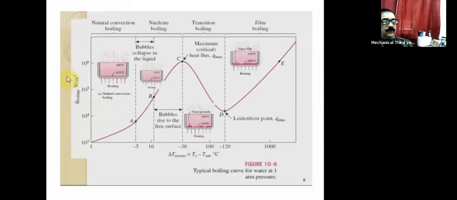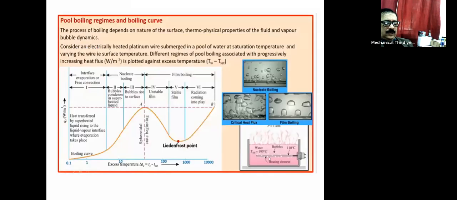Now, this is what we saw in the previous slide: natural convection zone, nucleate boiling, transition boiling. We can see one more part here. In the previous slide, it was a general one, so let me show you. This is the transition part, as you can see here.